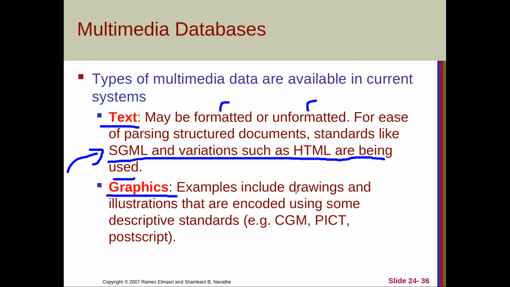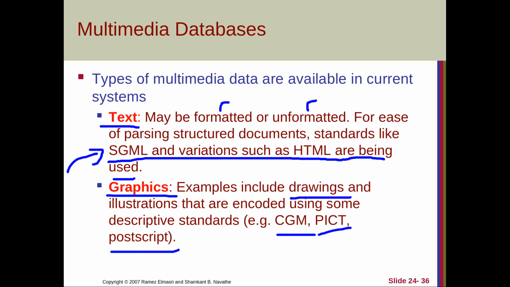Examples include different drawings or illustrations that are encoded using standards like CGM, PICT or PostScript. Different drawings done using different computer tools and graphic designs are the second category of multimedia data, a special category of graphics.